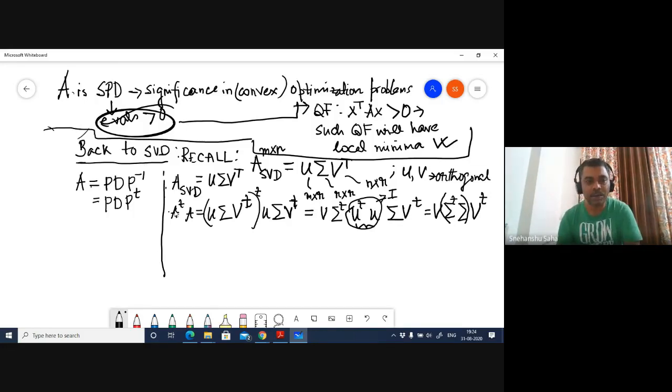If we go back to the eigen decomposition of the matrix, on either side of the diagonal matrix you have the same matrix, P D P inverse; on one side you have the transpose of the matrix. Now let's come back here.